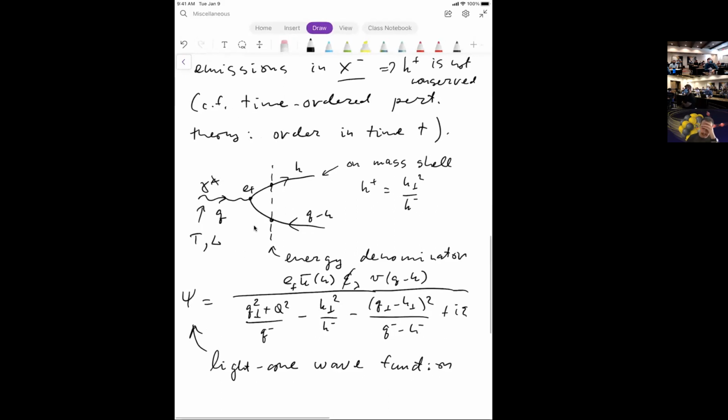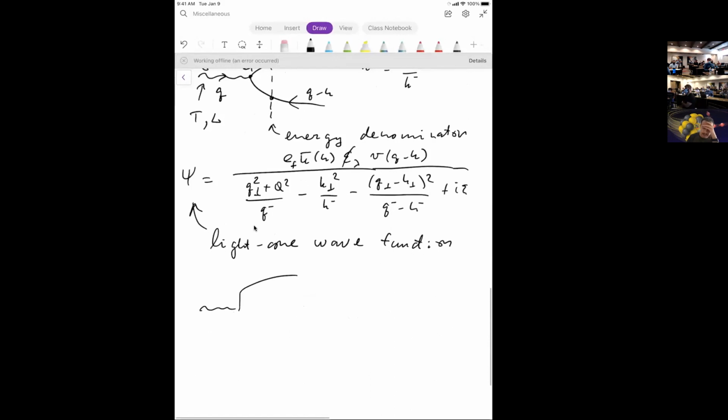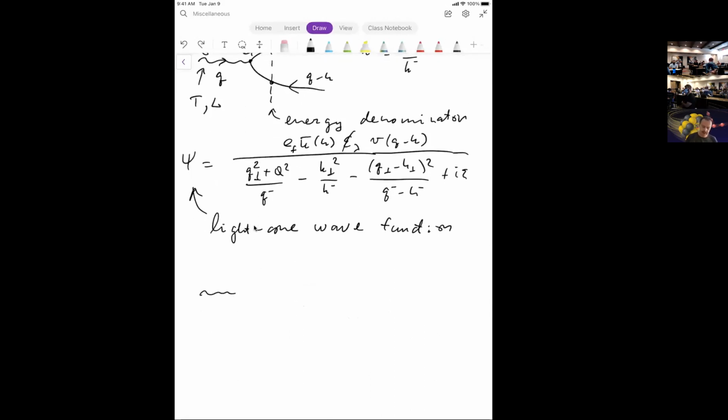Well, maybe. So I guess the question is, can we take a photon and have it split into a quark, anti-quark, or even an electron-positron pair? Is that perhaps the question?